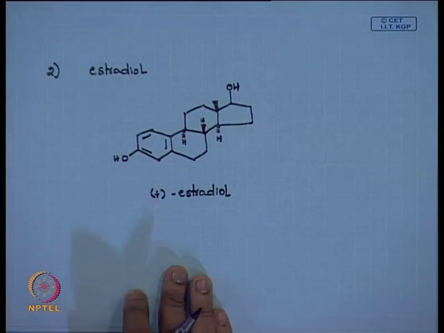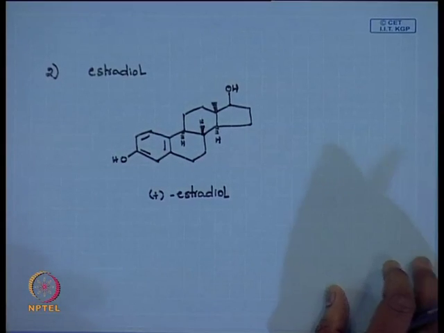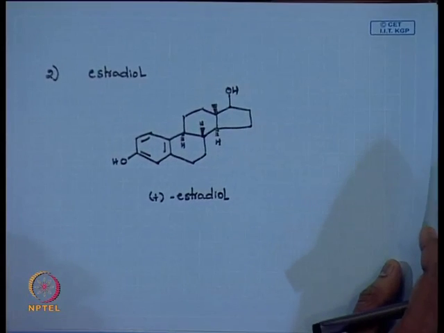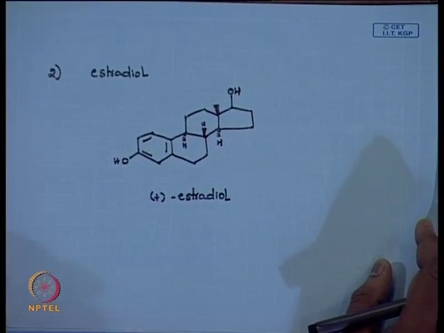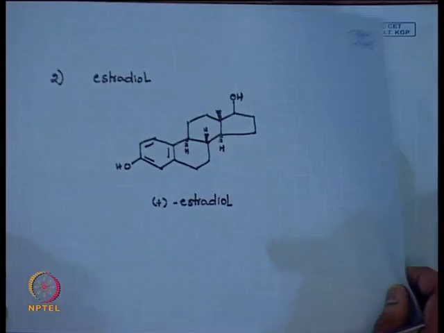If you want to synthesize this compound, there are a number of good ways to do that. We will start our synthesis. There is one electrocyclic reaction. Anyhow, I will teach you that. Okay.